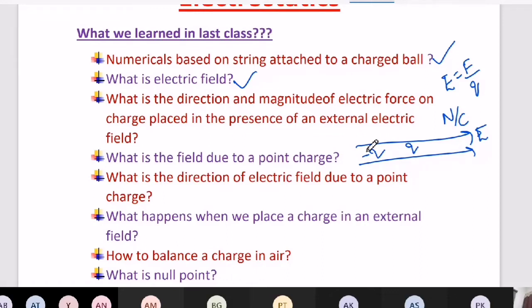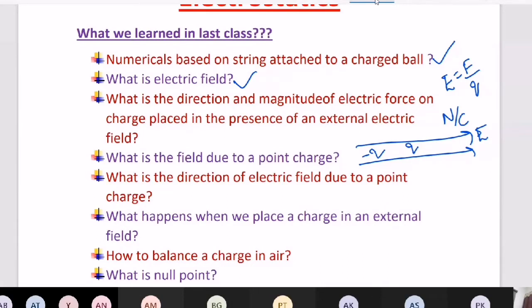Whether it is a positive or negative charge, the magnitude is charge into electric field only, but the direction changes. For positive charge, the force is along the electric field, and for negative charge, the electric force is opposite to the electric field. Like in this case, the electric field is rightward. For positive charge, the electric force is also rightward, but for negative charge, the electric force is leftward.